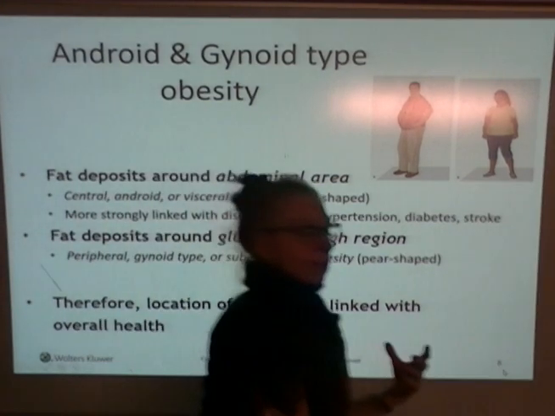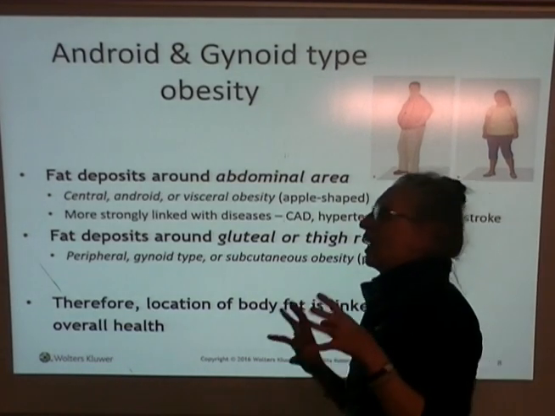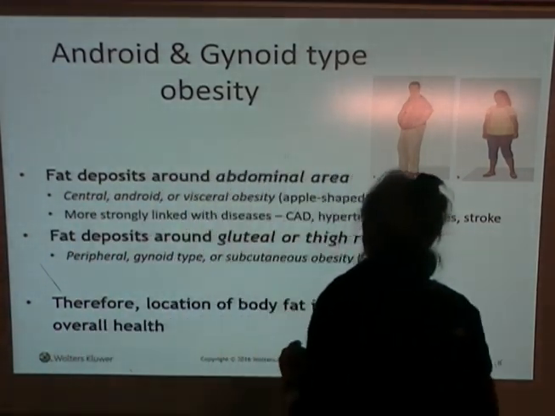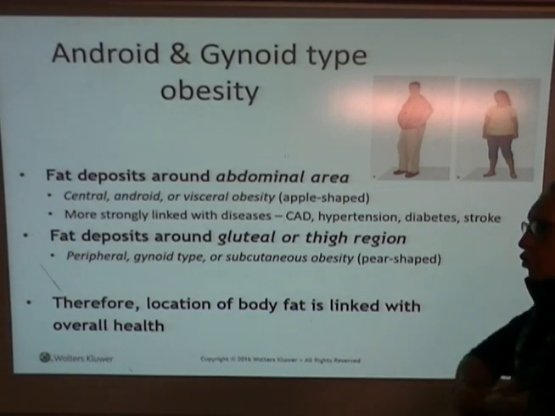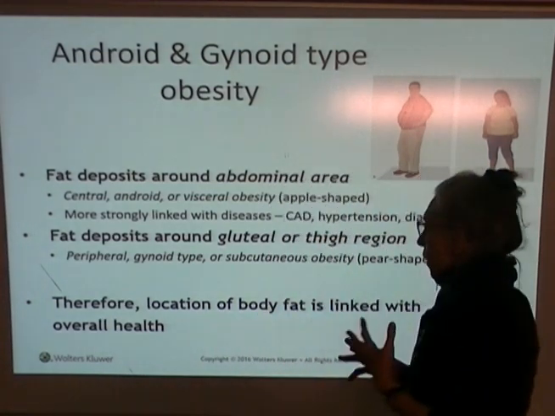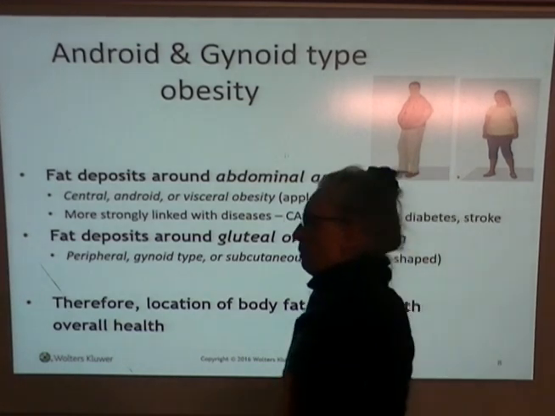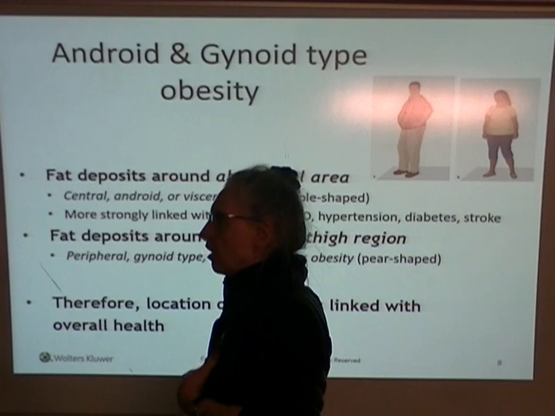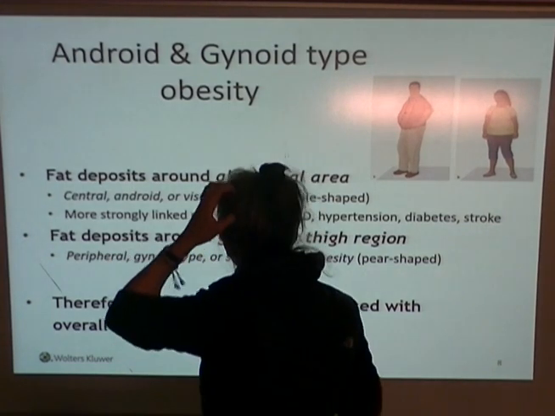So then to complicate matters even more, it depends what kind and where you lay your fat down. All right? So people who put their fat down around their trunk here, that's called central android or visceral obesity. So that means that you've got lots of fat laid down around your heart, around your liver, around your stomach, right? It's all inside around your organs.